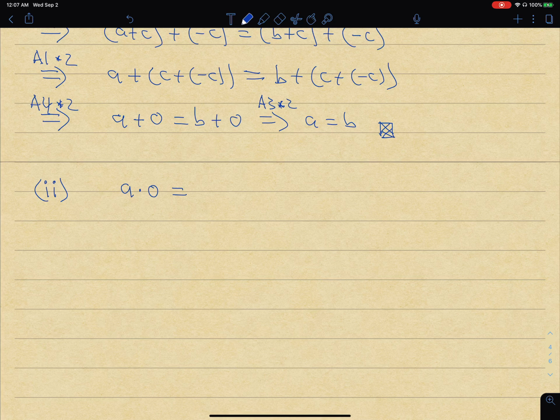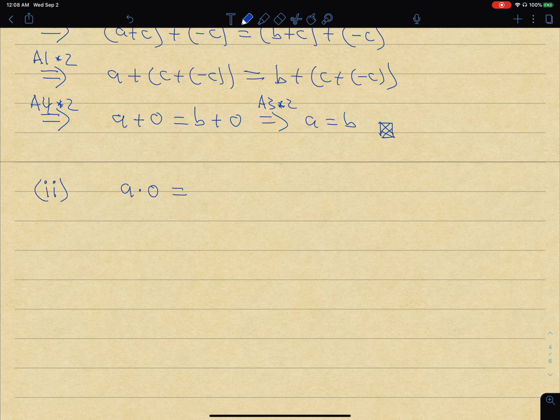I'm multiplying A by 0. 0 is something that comes from addition. So I cannot immediately use any addition properties because here I'm doing multiplication. So what's the only property which relates addition and multiplication? That's the distributive law. So somewhere in my proof, I'll have to use DL, distributive law.